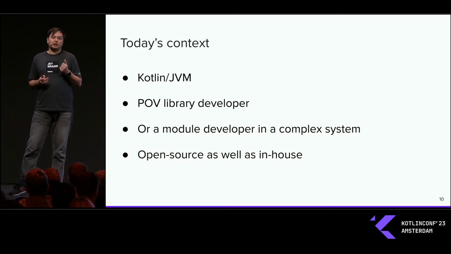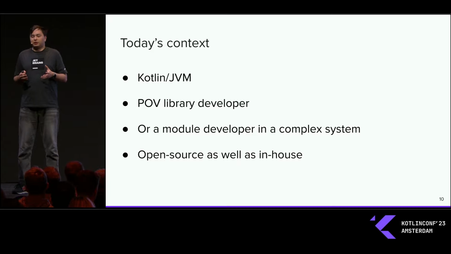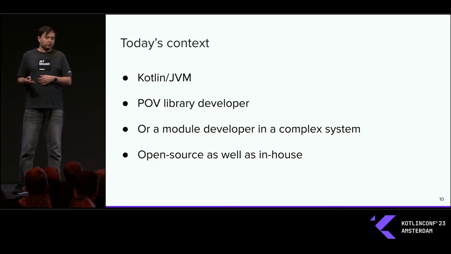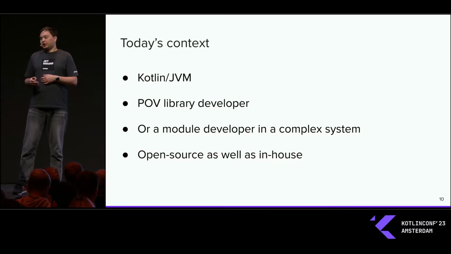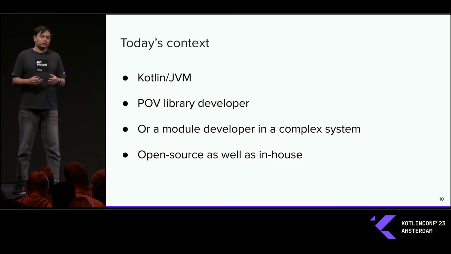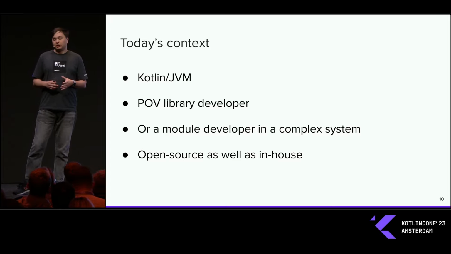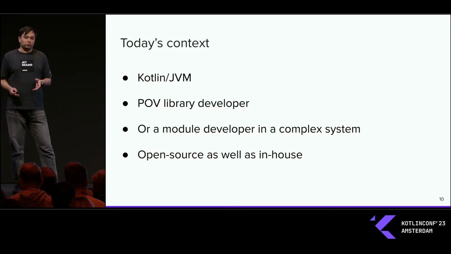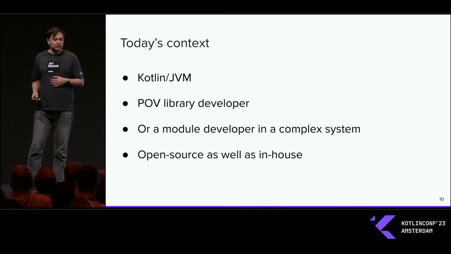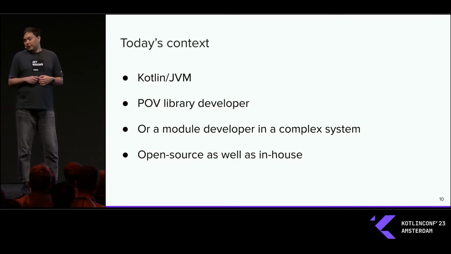But this doesn't mean that you have to have an actual open source library. It can be closed source as well, or just a module in some complex in-house system you have at your job. Generally, anything related to dependencies between jars that are deployed and released separately can also be related.